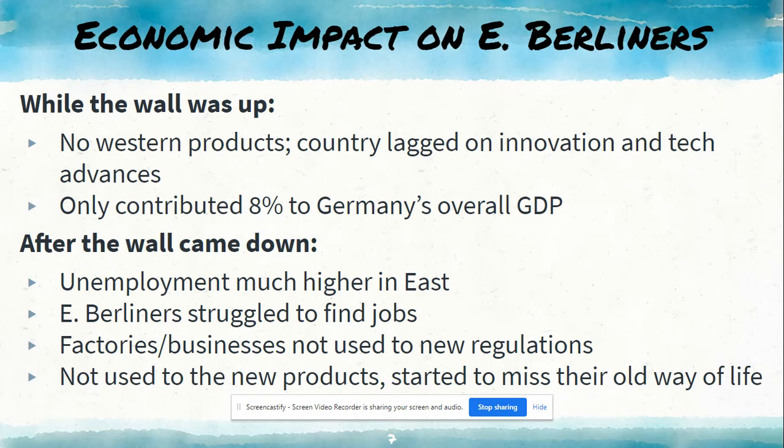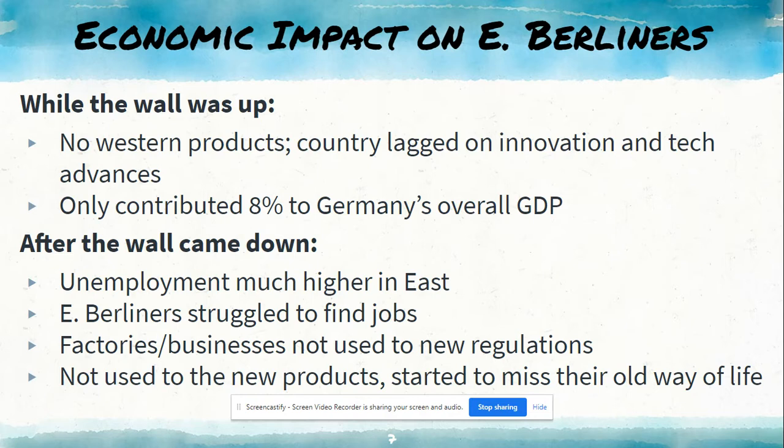After the wall came down, unemployment was much higher in East Germany and in East Berlin generally. East Berliners struggled to find jobs. Factories and businesses were not used to the new regulations, right? So there are new rules, new laws that the previous factories and businesses had to follow. And East Berliners struggled to find jobs because the training and the education that they had was different.